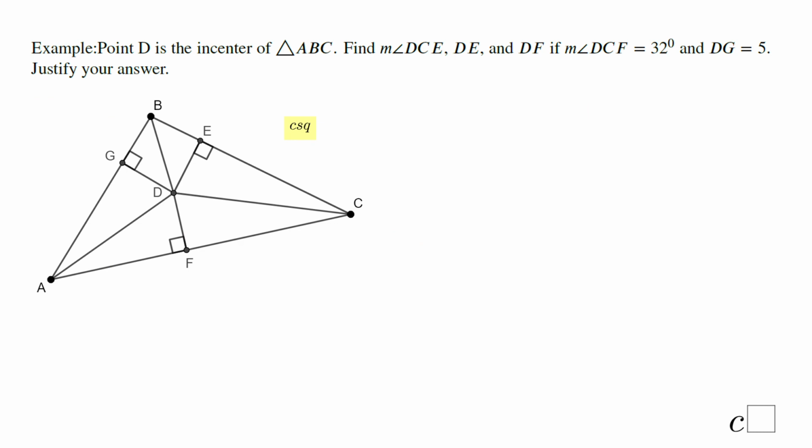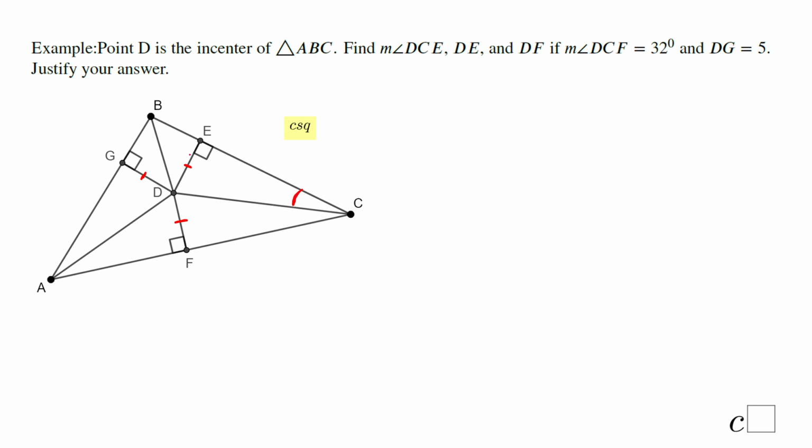Now let's see some problems that are covering this topic. Point D is the incenter of triangle ABC. So you can put right away these 3 segments are congruent. Remember, these are the radii of the circle. Find the measure of angle DCE. We need to find the measure of this angle DCE.